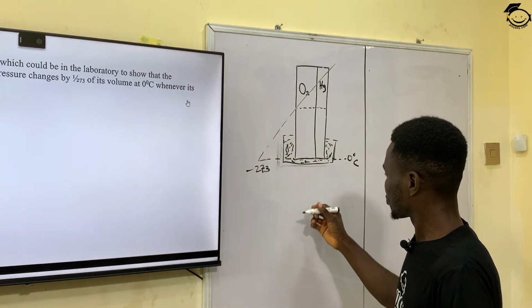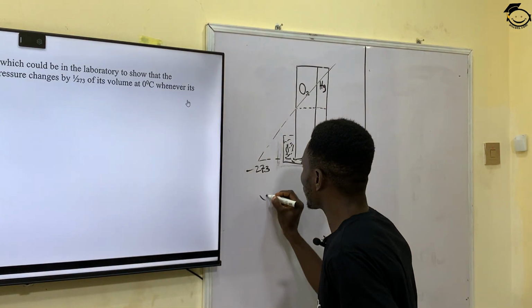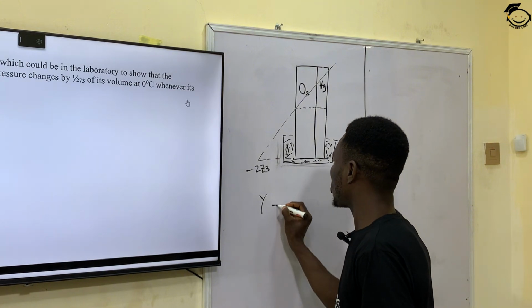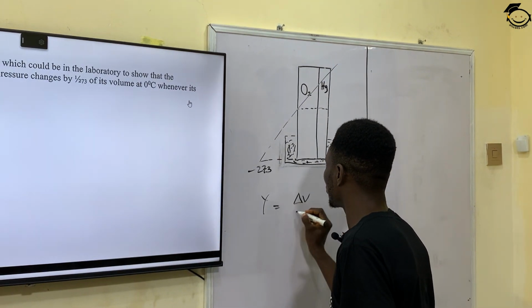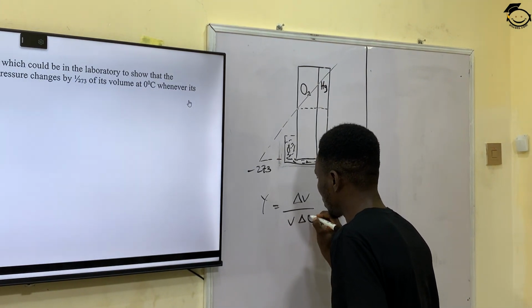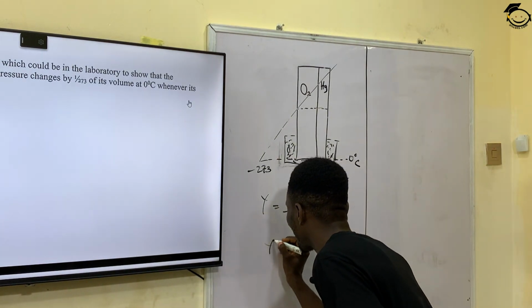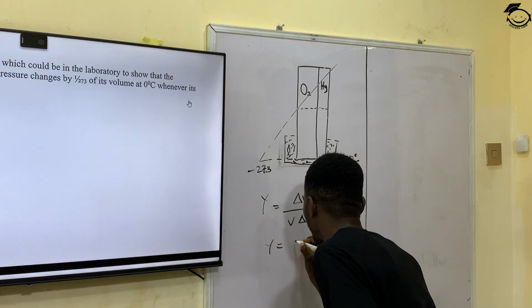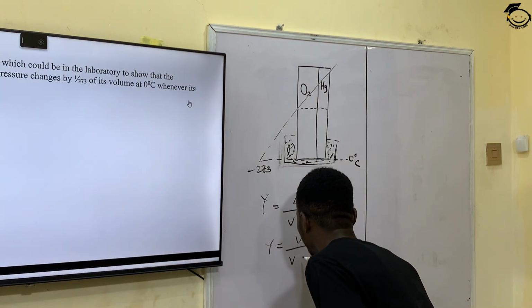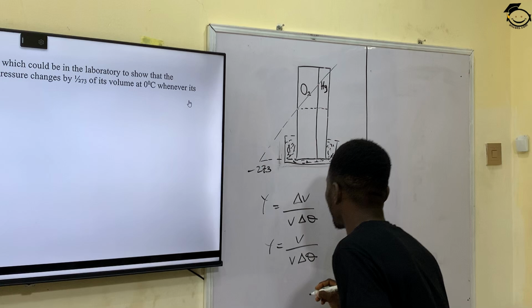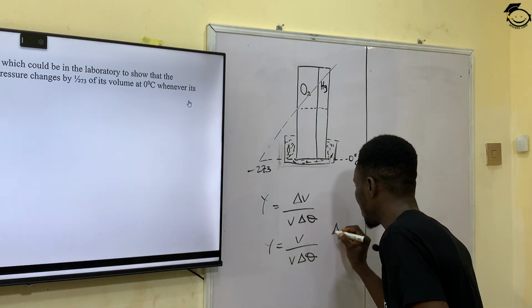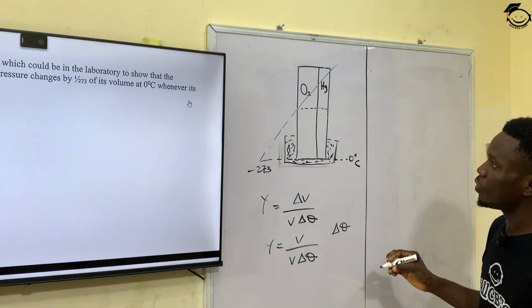So what do I mean? At the end of the day, you know that your cubic expansivity is supposed to give me change in volume over volume change in temperature. And my change in temperature, as in this case, is measured in Kelvin.